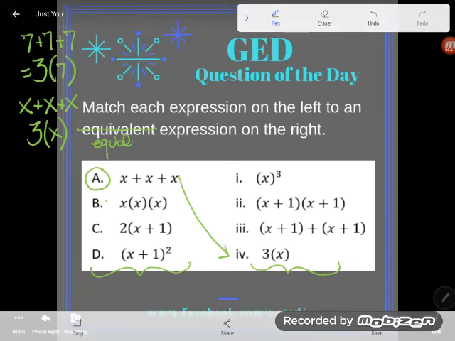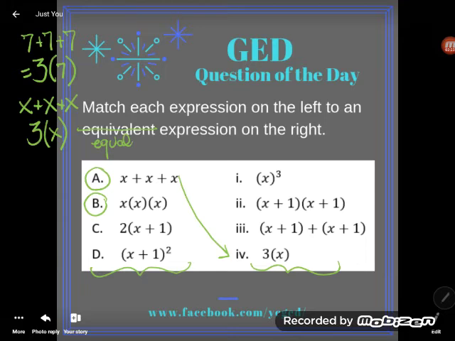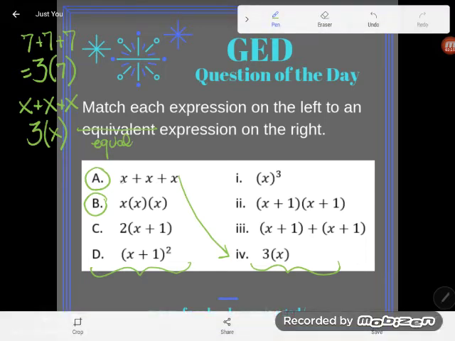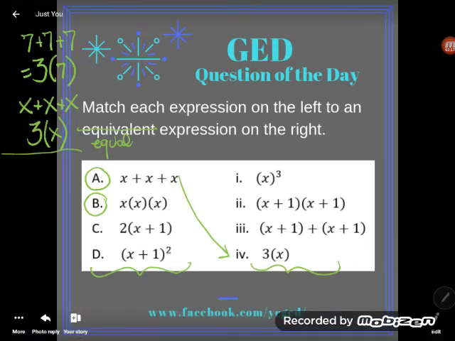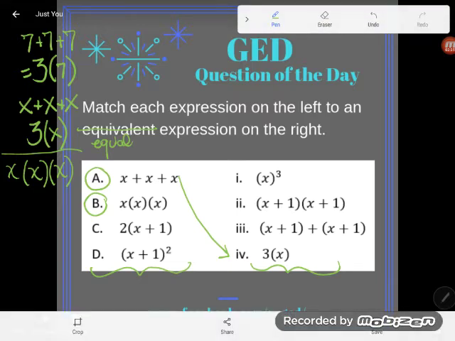Great, now let's take a look at B. B is similar, but instead of seeing repeated addition, what do we see? We see x times x times x. 3 x's multiplying, and I hope you guys know by now you're familiar with the concept of exponents.